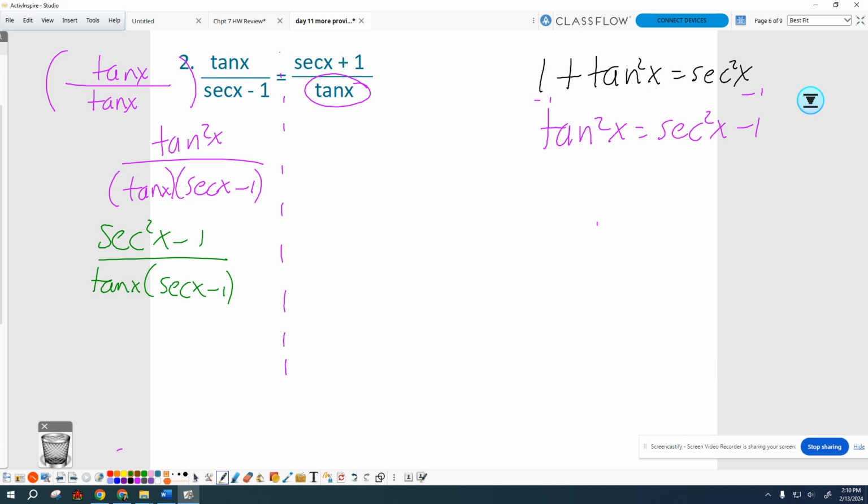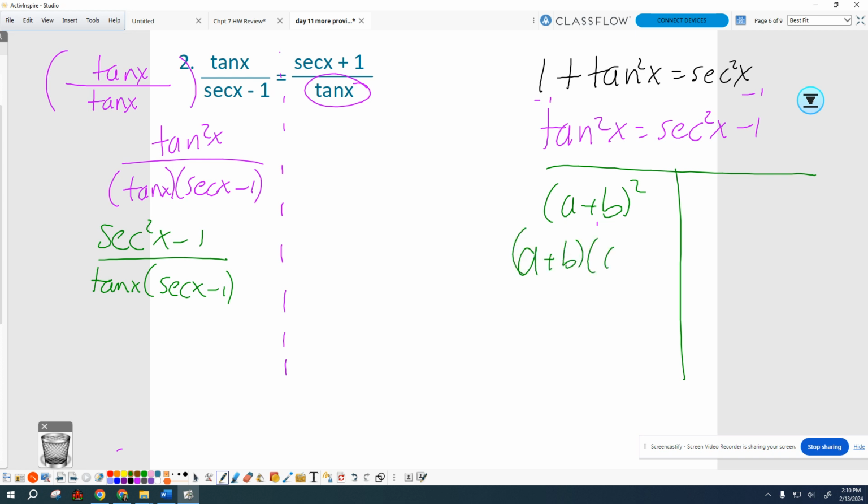And then we need to remember algebra. We did some patterns yesterday, which I thought were on this flip chart, and I might have opened the wrong one. When I do a plus b times a plus b, that's a squared plus ab plus ab plus b squared. So it's a squared plus 2ab plus b squared.